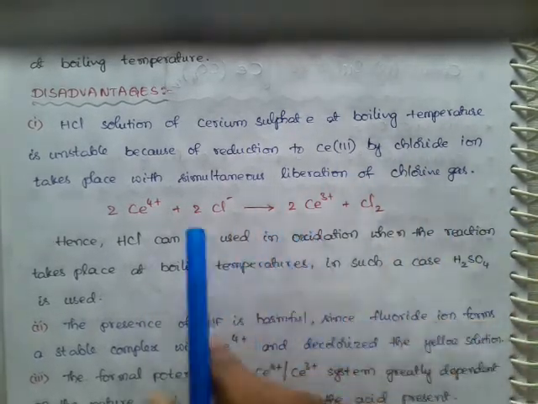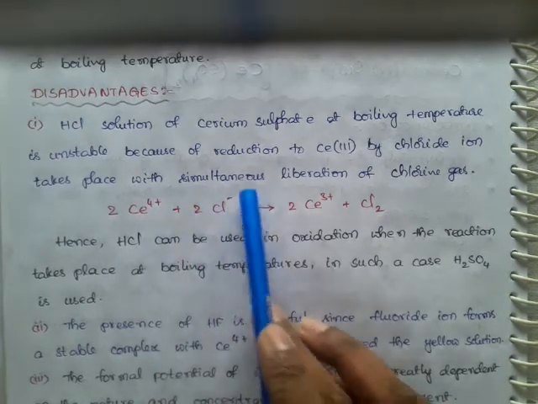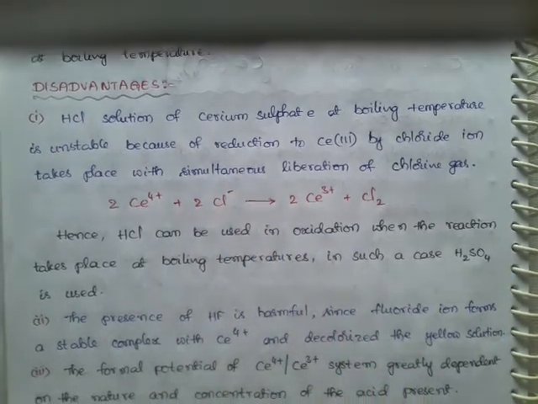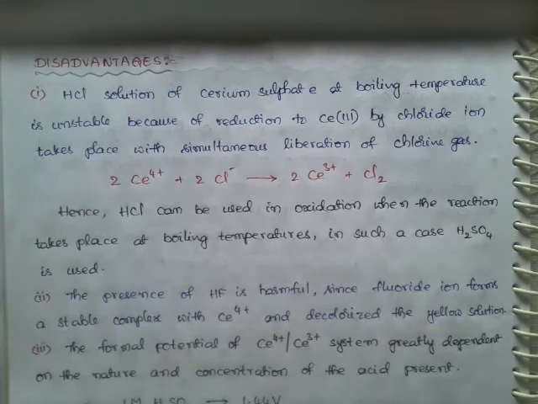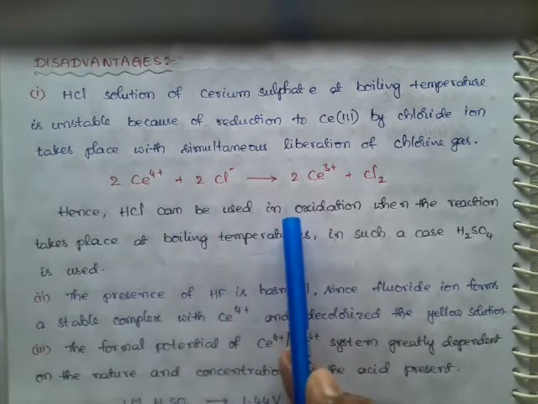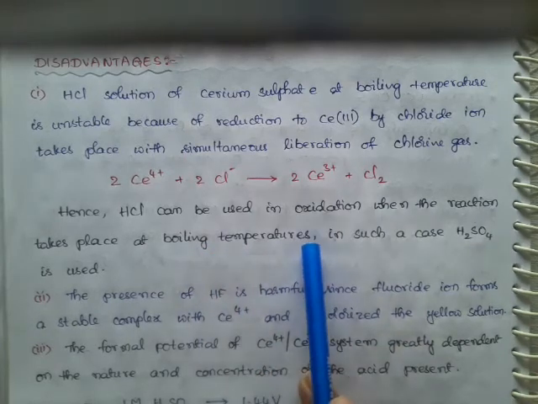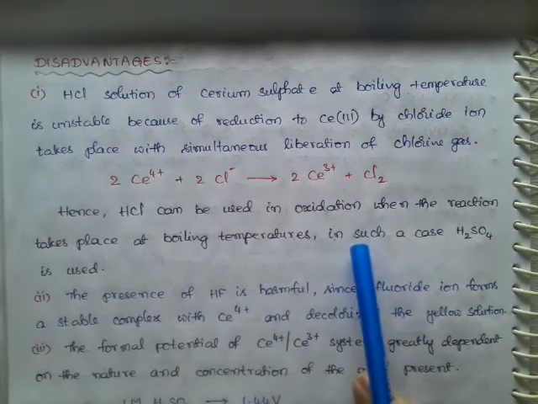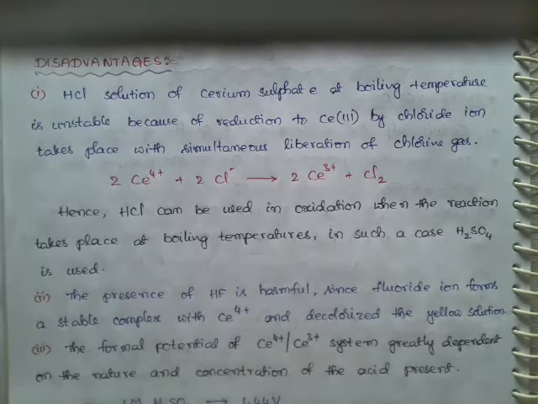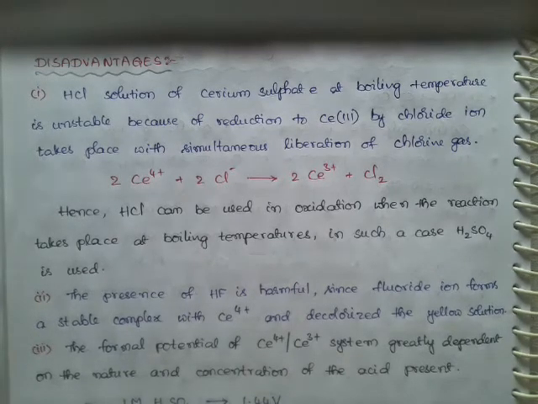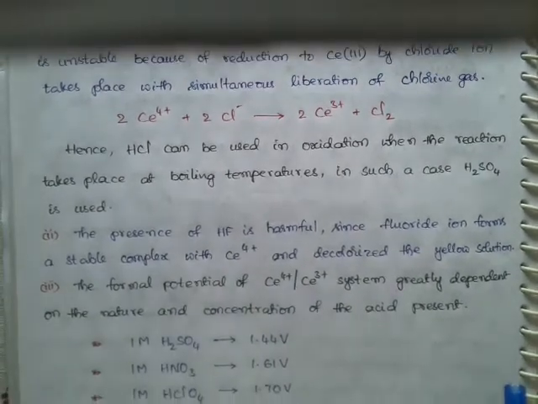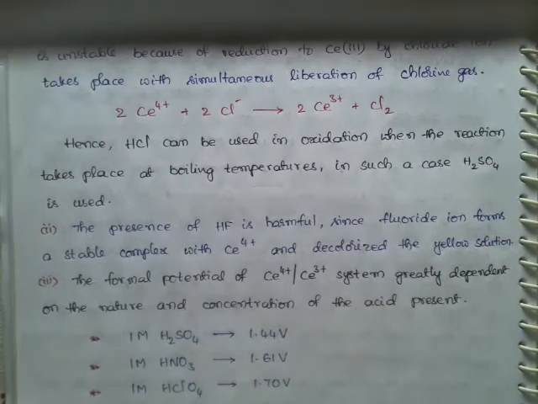So this is the disadvantage in case of HCl solution. So what should you do? You need to prevent it. Hence, HCl cannot be used when the reaction takes place at boiling temperatures. In such a case, H2SO4 is used. So instead of HCl, you need to use the H2SO4 solution.